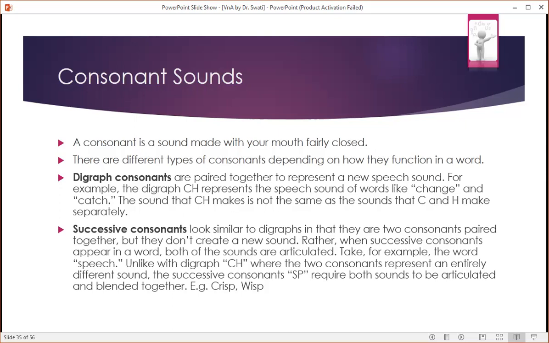If it is placed last in the word and we blend it together, it gives a different sound, crisp, wisp. Okay, so these are called successive consonants, where we get a separate sound of both, and the sound which comes in total is a blended sound of both the consonants.